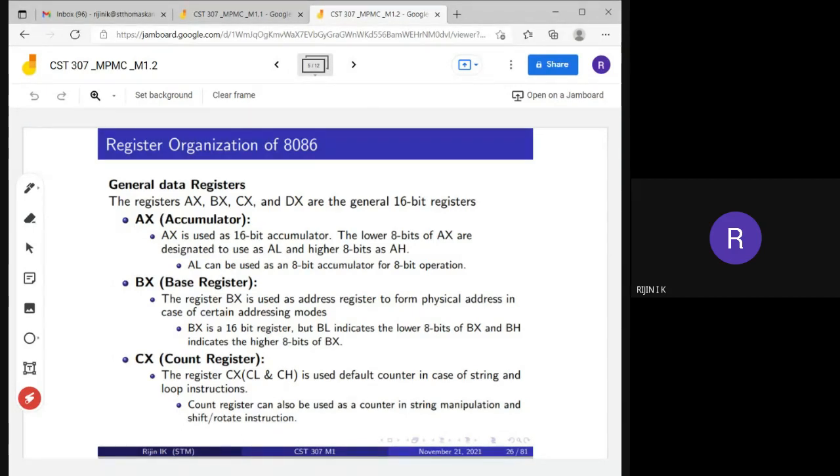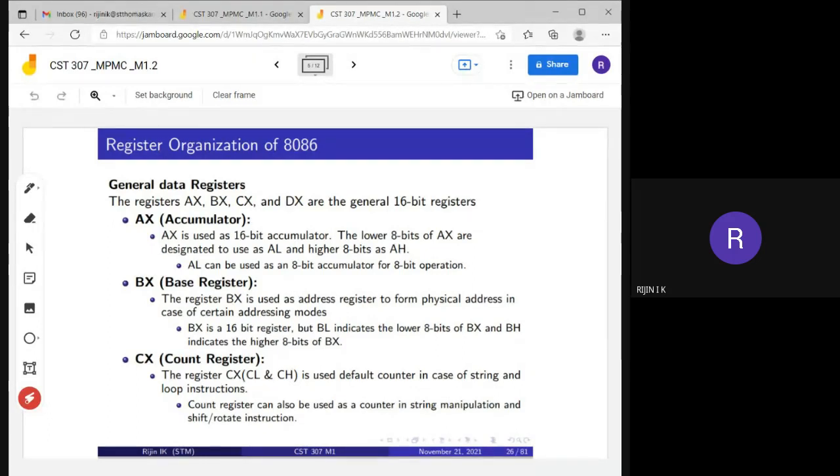In the 8085 we already discussed it. What is the duty of an accumulator? It is used to store the result. Also, while performing some operation, sometimes one of the operands will be stored in the accumulator. So that is the accumulator.